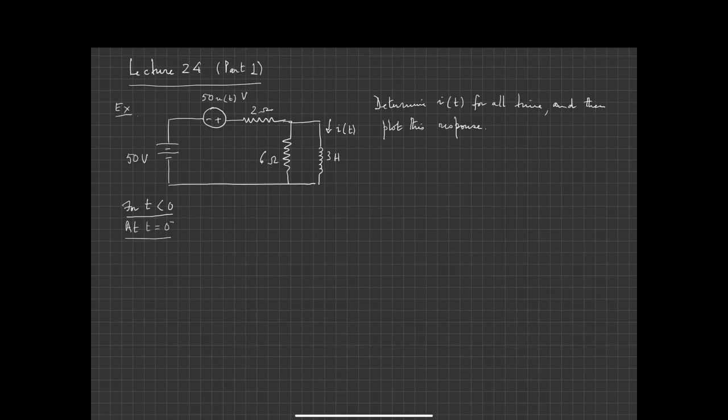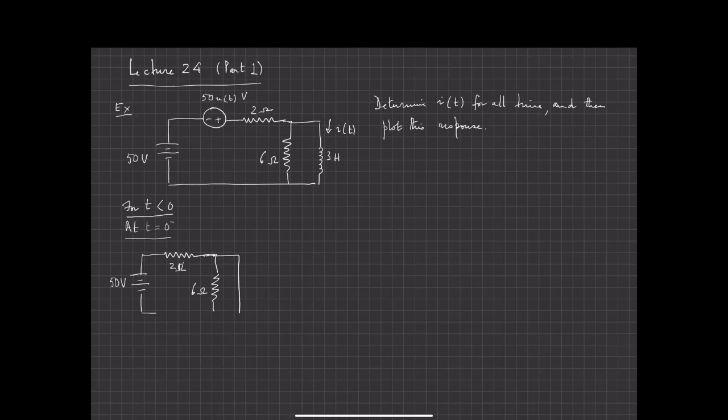So let me draw the circuit first. If I draw the circuit, it's simply the following. It's this 50-volt source. There's this 2 ohm resistor, and then of course there's this 6 ohm resistor, but the inductor is a short.